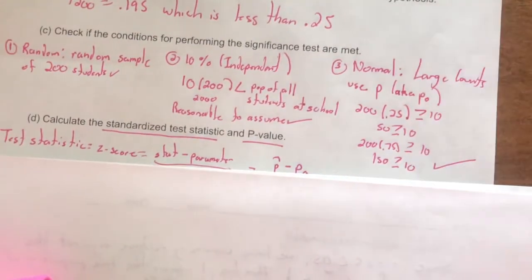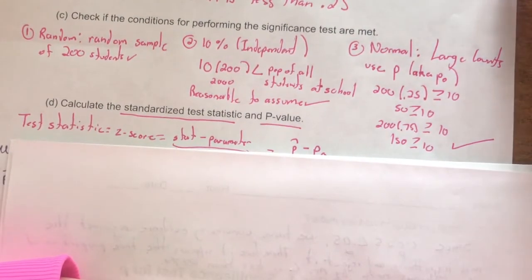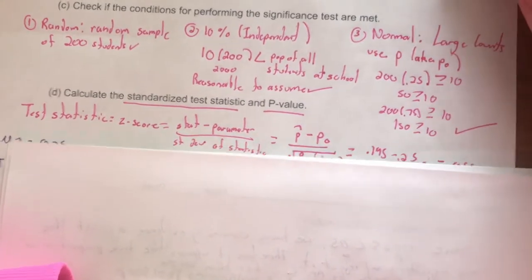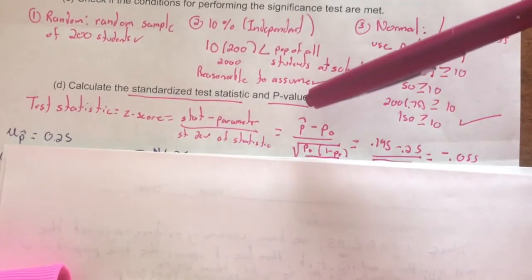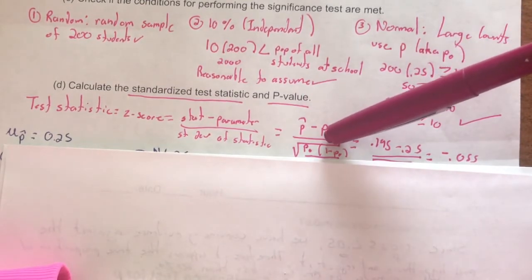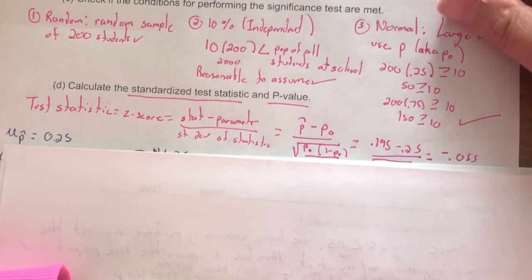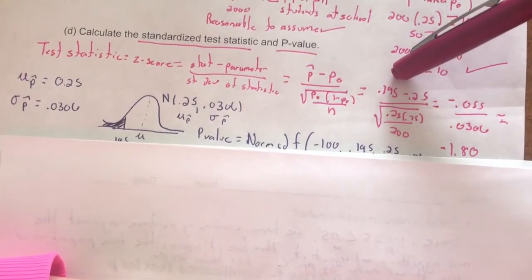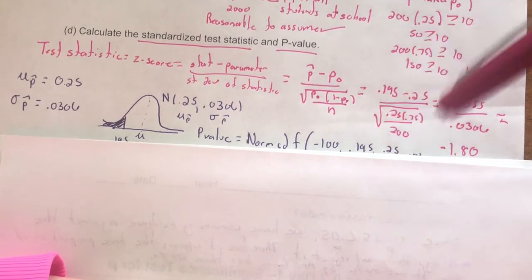So now calculate the standardized test statistic and the p-value. So the test statistic is the z-score. So we're going to take p hat minus p naught. And again, it should just be p because that's how they write it on the AP stats formula sheet. So our statistic was 0.195 because it was 39 out of 200.